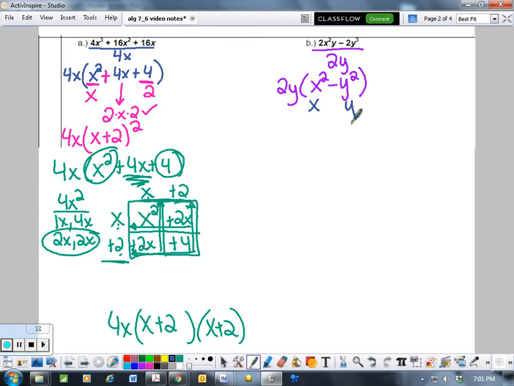This is really y times y. And since there's a minus in between, I'm going to leave that 2y out here, x plus y, and then an x minus y. So that's that difference of squares pattern. There's no middle term. So if these are perfect squares, one's going to have a plus, one's going to have a minus, and that's our final answer.